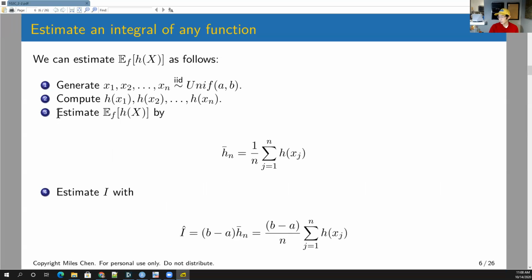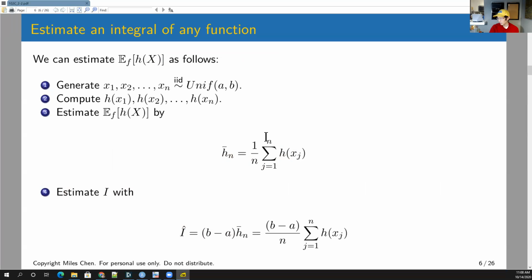Just to write out the steps, we're going to estimate I as follows. Sorry, that's a typo. We estimate the expected value using the sample mean, and then we estimate I by multiplying it by b minus a.